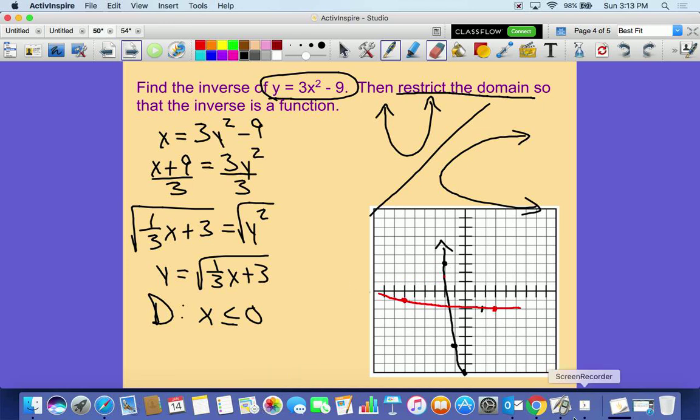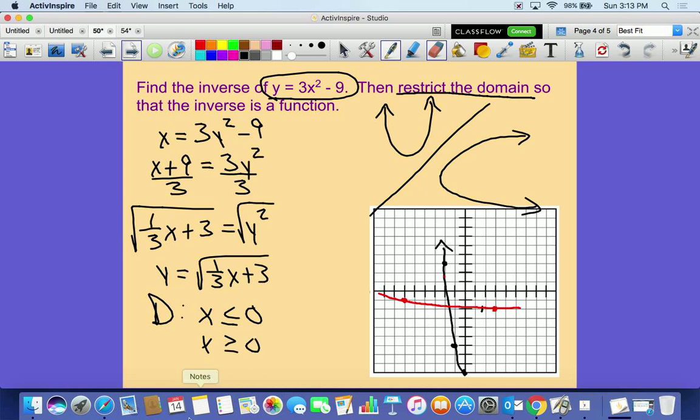And that red line is now a function. So your answer for this can either be x is less than or equal to 0, or x is greater than or equal to 0.